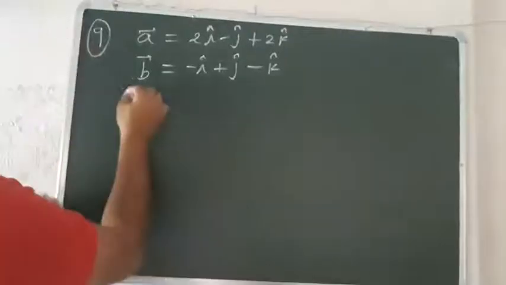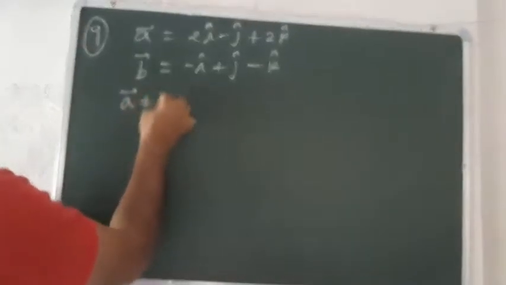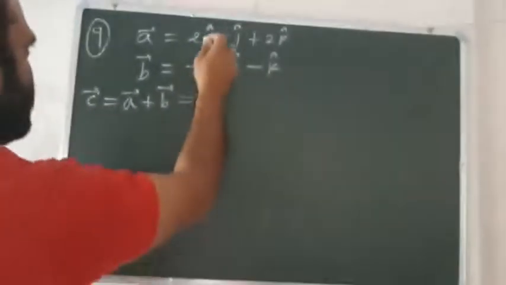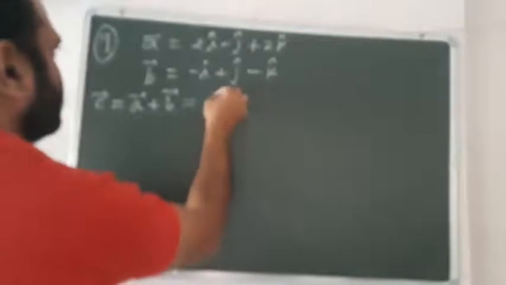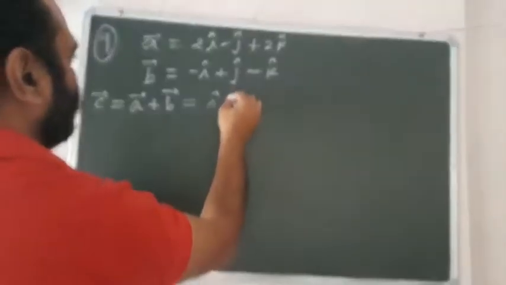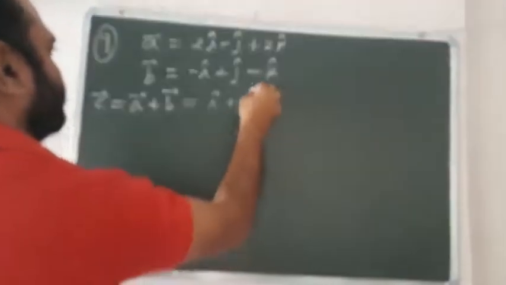First of all you have to find their sum, a vector plus b vector. Let it be c vector. So when we add these two vectors, i with i, 2 minus 1 plus 0, and plus k cap.